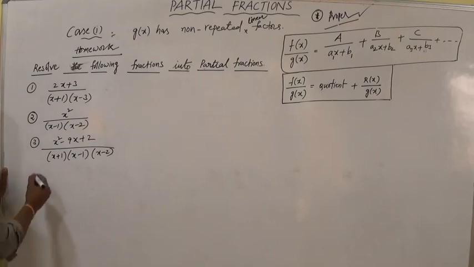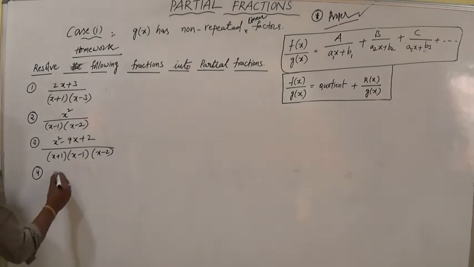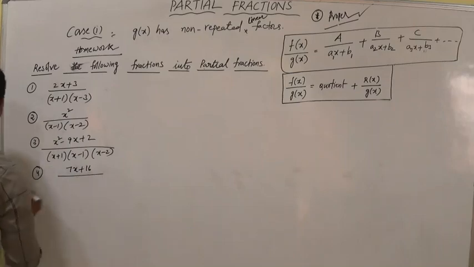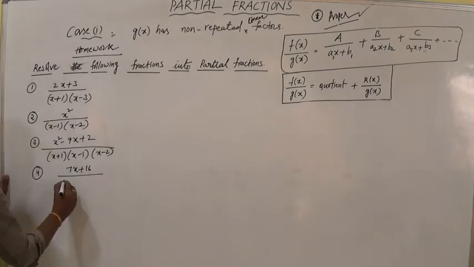And the fourth and the last, 7x plus 16 by x square plus 2x minus 8.